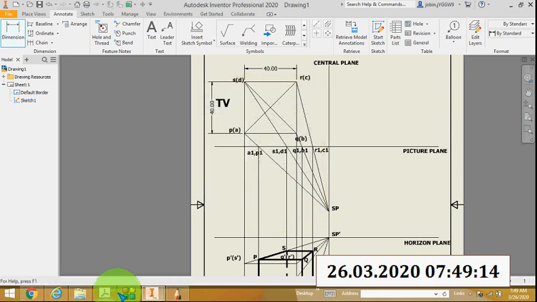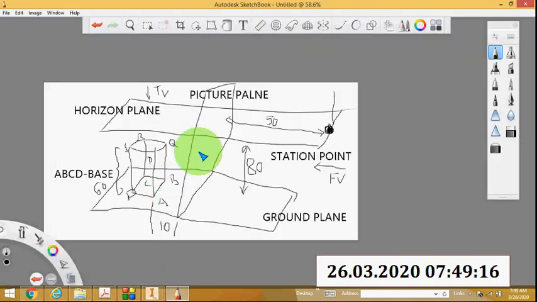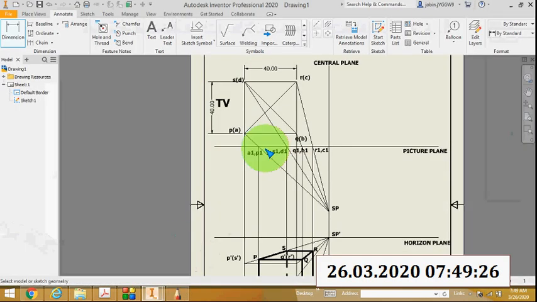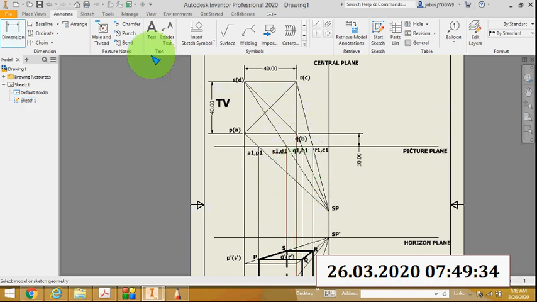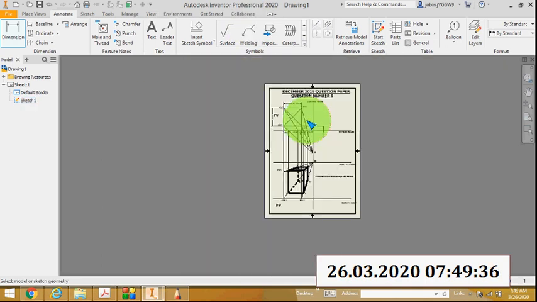The distance from the picture plane to this rectangular face is 10 mm, and this rectangular face is parallel to the picture plane. It is already given. So I will draw the top view first.